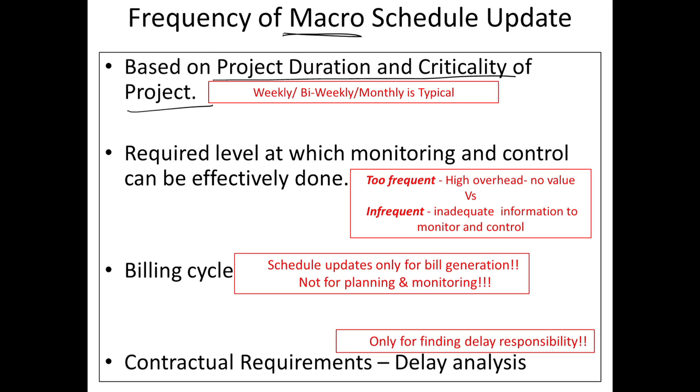If you are maintaining a schedule only to analyze what went wrong later, then you are not using it for planning, and this is not a very good primary reason to keep updating the schedule. Delay analysis also has a specific frequency with which you keep updates, so that later on when you do an analysis of delays, you can find reasons at the correct level of detail.